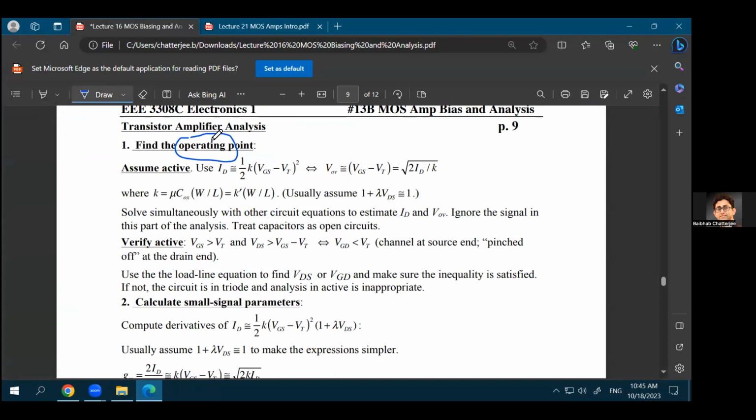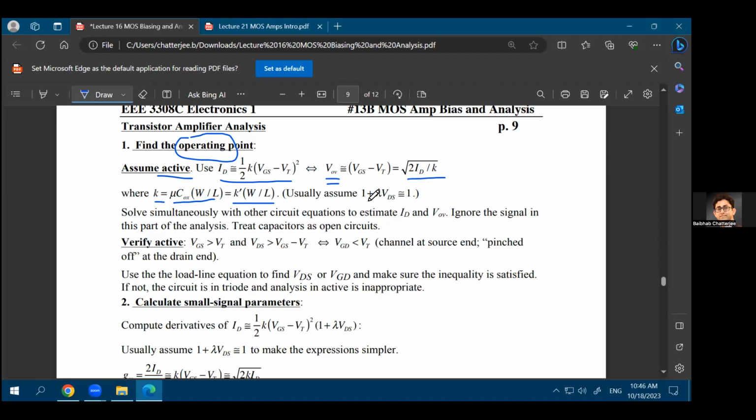To find the DC operating point, what we have done in our homework number 4 and also in the examples that I have shown in class is that you assume an active region and you use the formula of ID equal to half of K times VGS minus VT whole squared, which means that your V overdrive will be equal to square root of twice ID over K. And K is equal to mu times Cox times W over L, which is also equal to K prime times W over L.